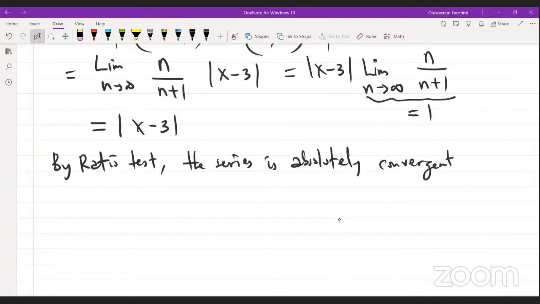Remember, when a series is absolutely convergent, that means it converges. But when a series is convergent, it does not necessarily mean that it is absolutely convergent. We mentioned that in 11.6. The series is absolutely convergent, and it will converge if this is less than 1.